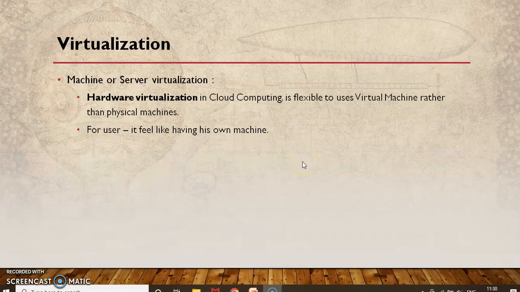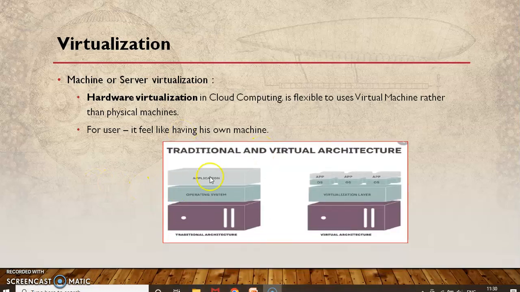So hardware virtualization in cloud computing is a flexible use of virtual machines rather than the physical machine. You can have a single physical machine on which you can have multiple virtual machines. So this is a traditional model where you have the hardware, on that you have the operating system, and on that the application.